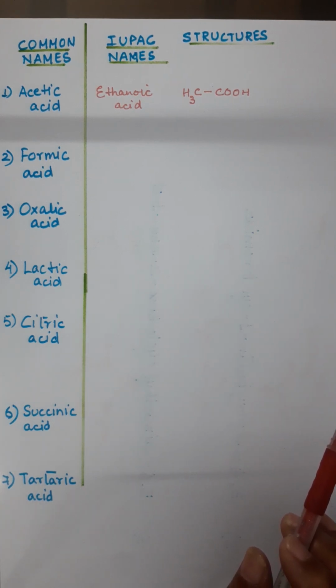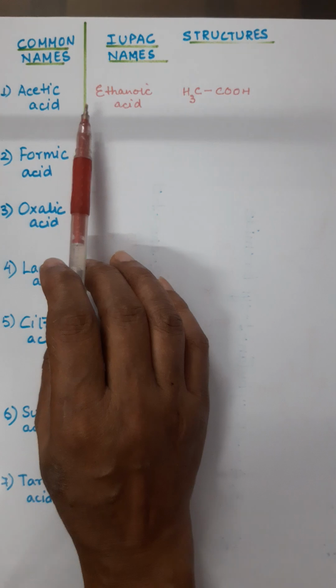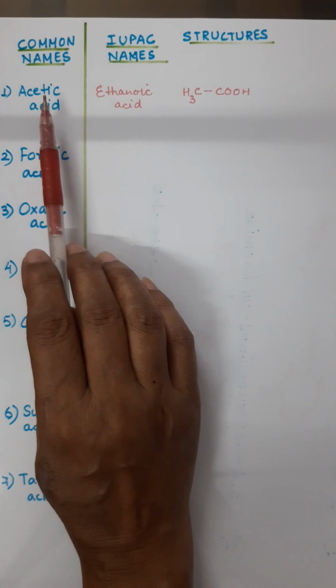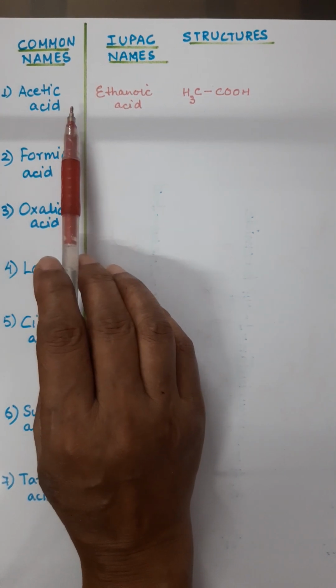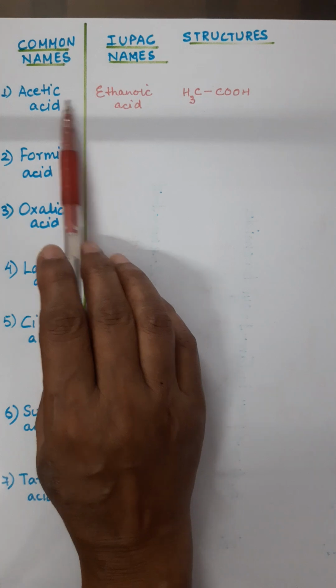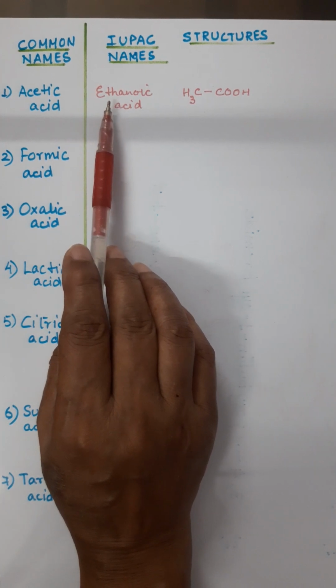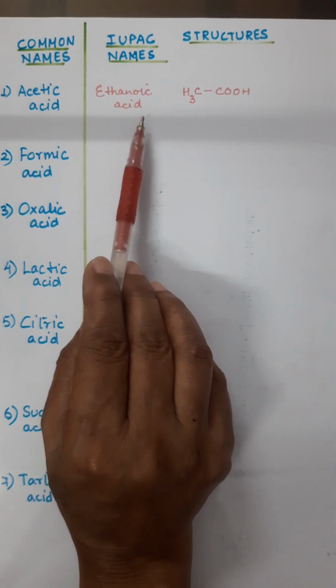In this video, I am going to teach you how to write the IUPAC name and the structures of some common organic acids. As I've already written in the first one, it is called acetic acid. And you all must be knowing that acetic acid is also called ethanoic acid.